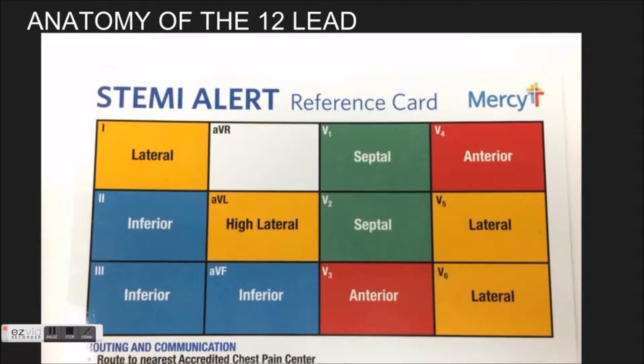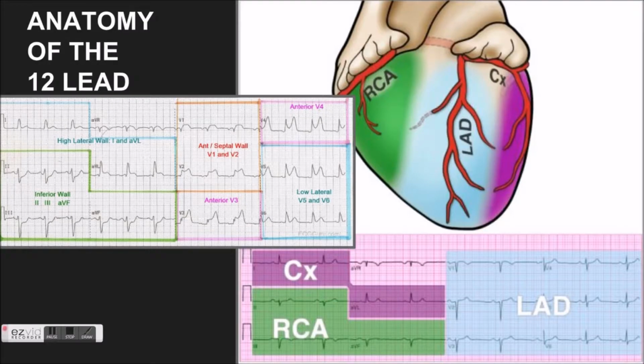While this really looks like a jumbled up separate set of pictures of different places in the heart, it's really not. These paths actually trace the 3 main coronary arteries, and that's something I'm going to show you right here. If you look in the lower right hand corner, you can see that 1 and aVL are your circumflex artery, so they correspond to the purple section of the heart right up top.